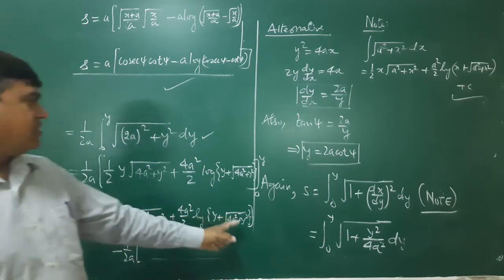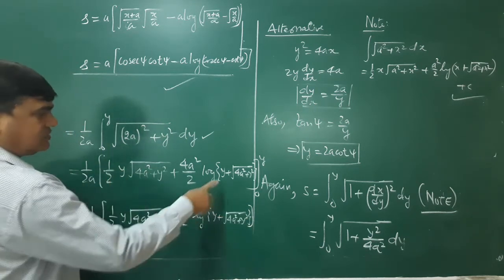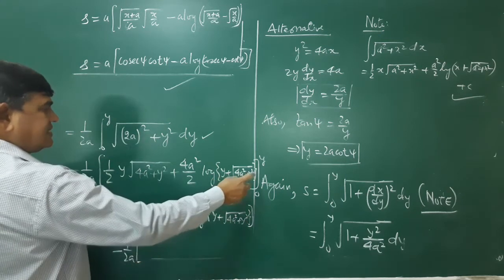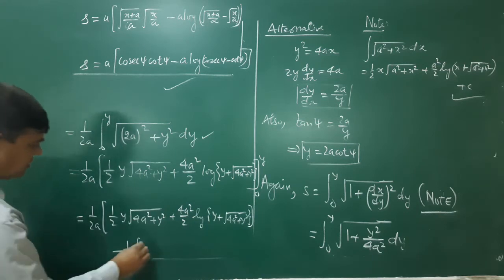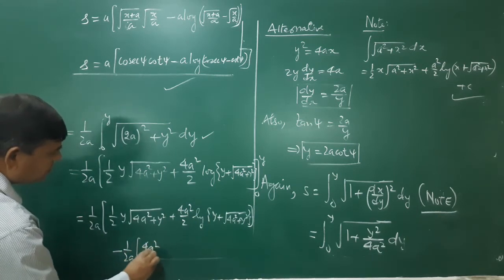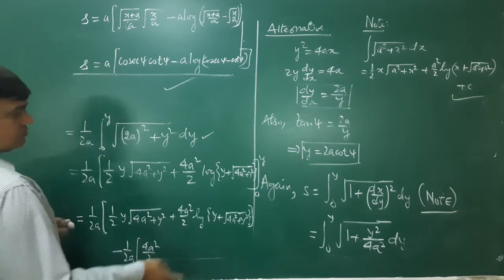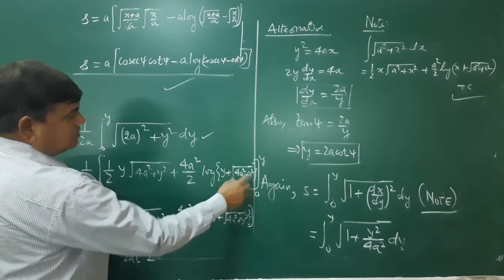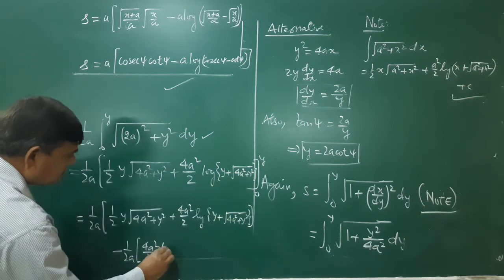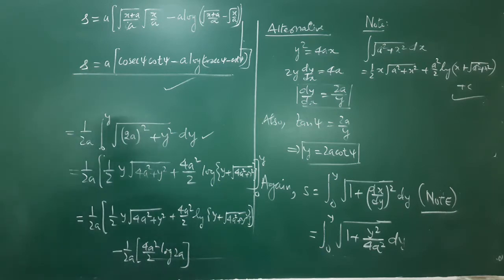This is the answer of upper limit. Now lower limit 0, so this part is 0 completely. This is 0. Here it is 0, so it is 2a, so it is 4a square by 2, 2a log. It becomes this.